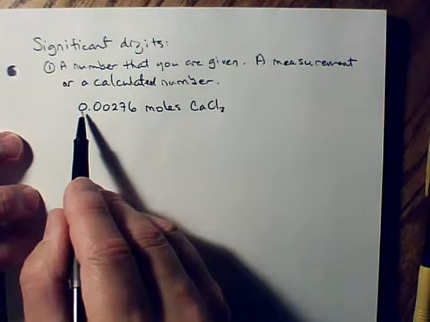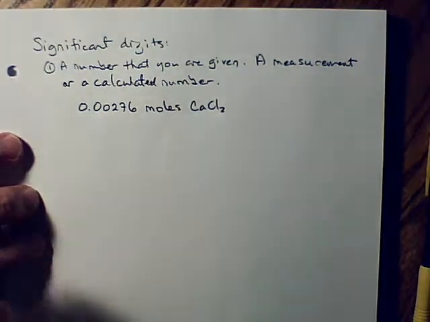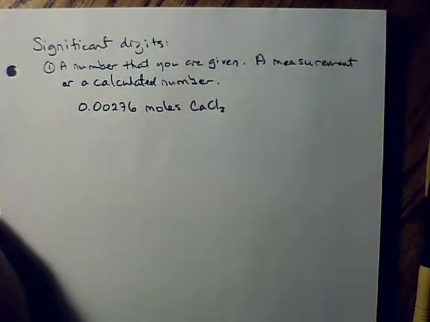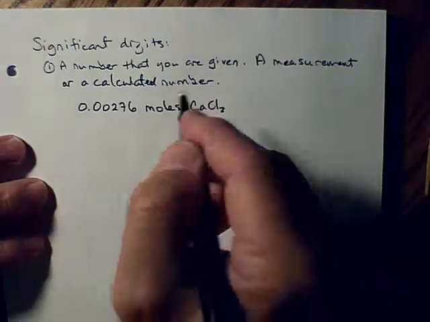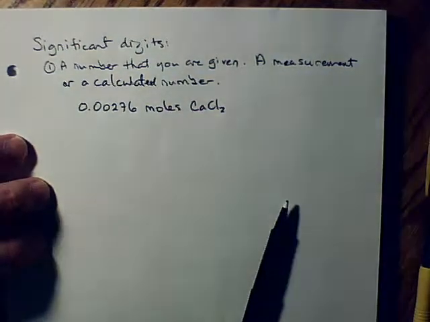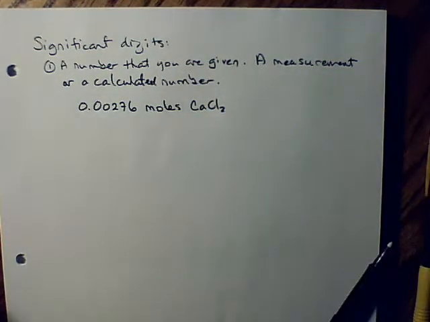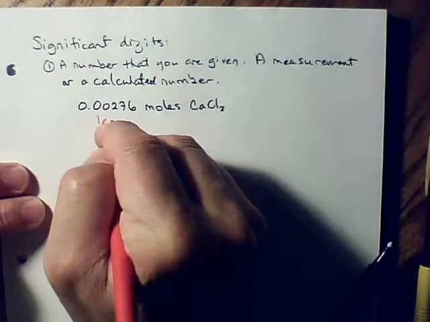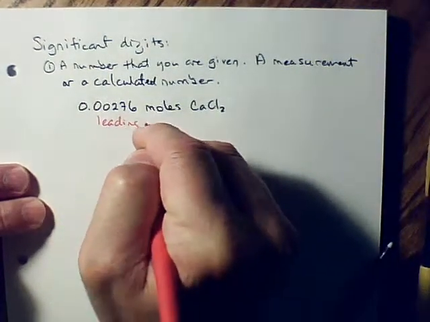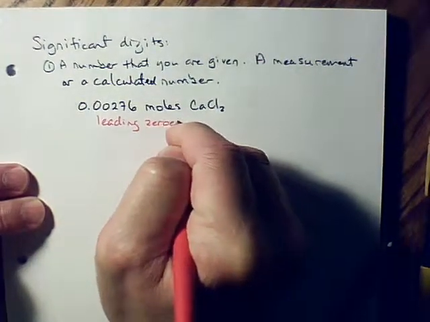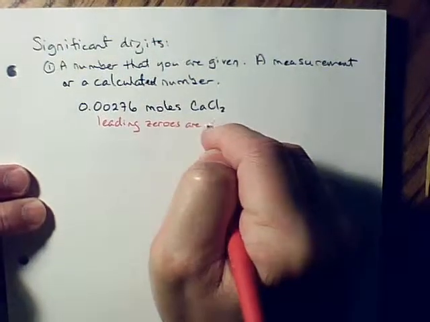In this case, these leading zeros are not significant. Okay, now that's a shortcut rule. The actual rule in this case is, actually there are 2 rules, and one of the rules has 2 parts. Okay? So let's just make sure we're clear on this before we move forward. Let's say that these leading zeros are not significant.